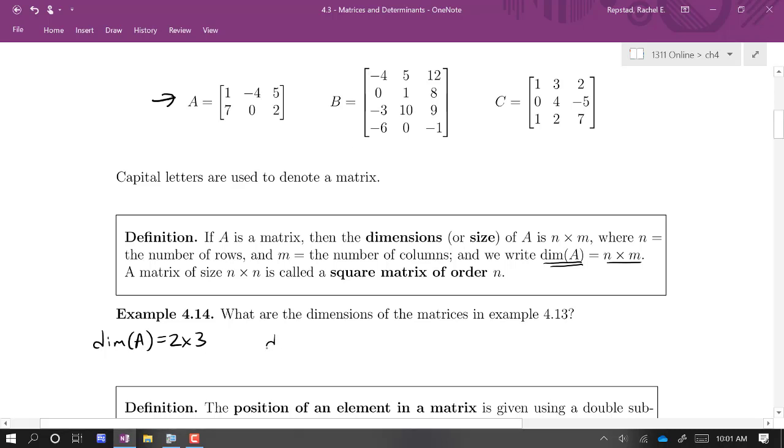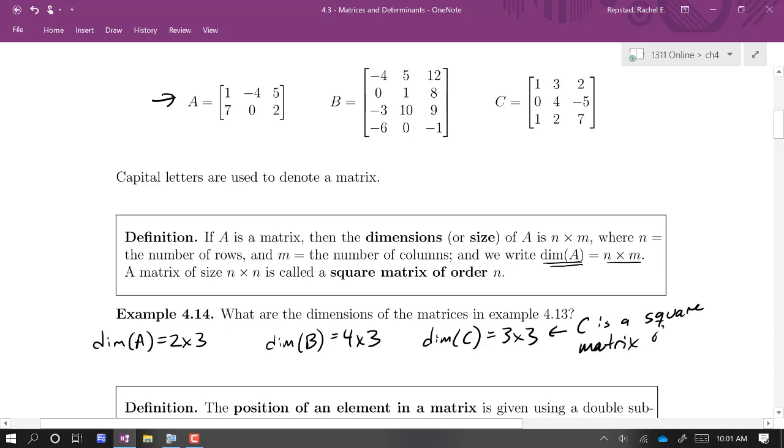The dimension for matrix B, there are 4 rows and 3 columns, so this is 4 by 3. And the dimension for matrix C, well, that's 3 by 3. And so we would also say that C is a square matrix of order 3.